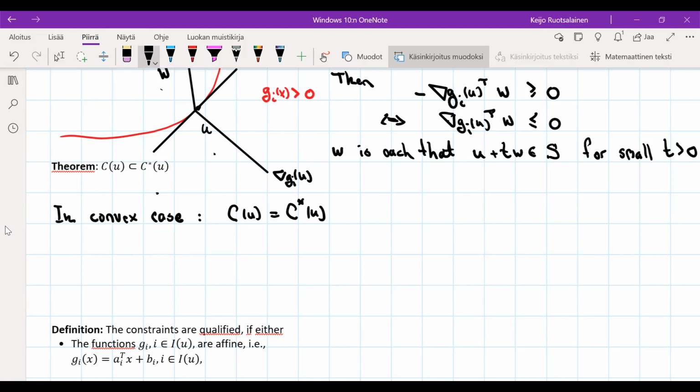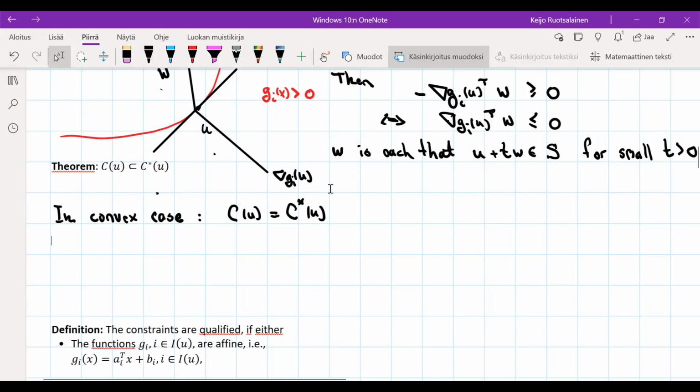The next question remains that I want to generalize the result a little bit to more general constrained optimization problems.